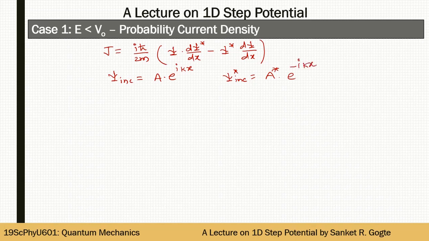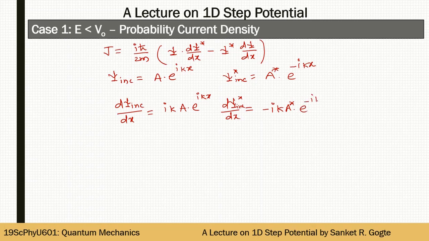Now we also need the first derivative of psi incident with respect to x, which is i k A into e to the power i kx. And d psi star by dx for the incident wave is the complex conjugate of this derivative, or you can separately differentiate it. It will give the same result, which is minus i k A star e to the power minus i kx.